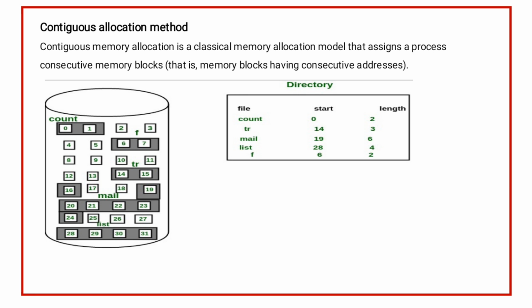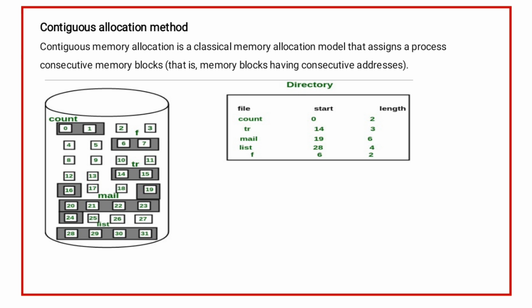The size of the process is compared with the amount of contiguous main memory available to execute the process. If sufficient contiguous memory is found, the process is allocated memory to start its execution. Otherwise, it is added to a queue of waiting processes until sufficient free contiguous memory is available.